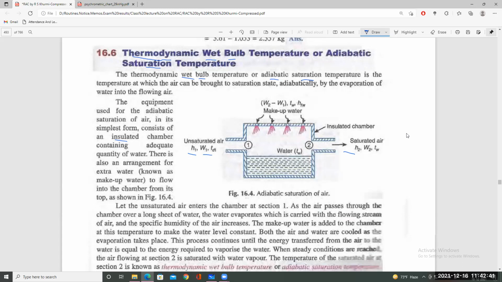The specific humidity is the mass of water vapor present per kg of dry air, and it is increasing.